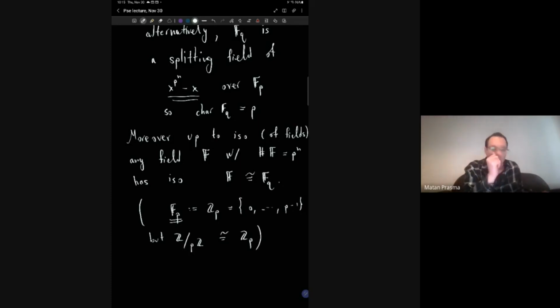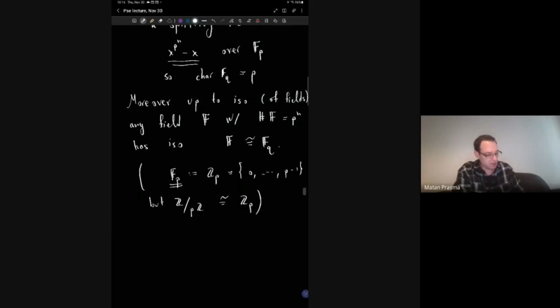Okay, so what we want to do now, after classifying all finite fields, is to classify all finite field extensions. This is just a terminological issue.